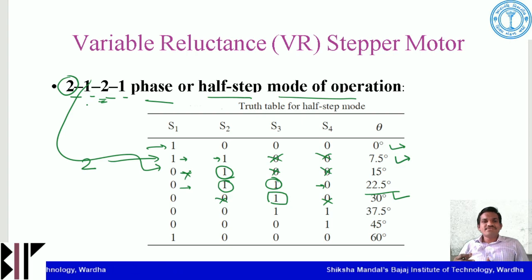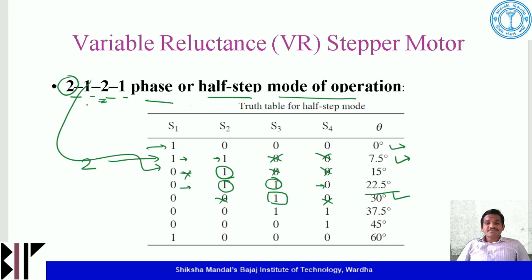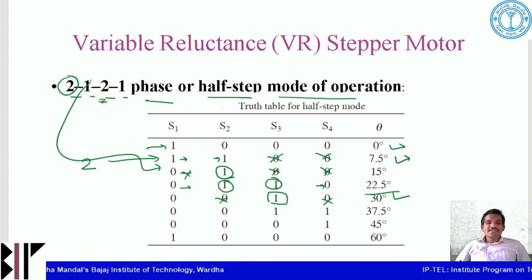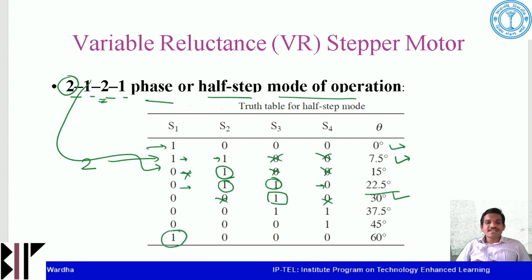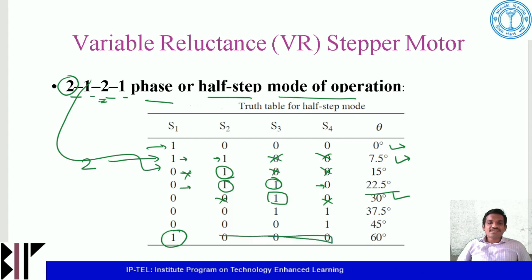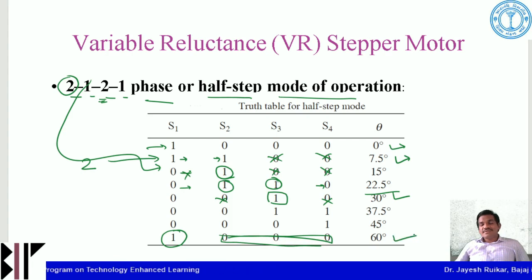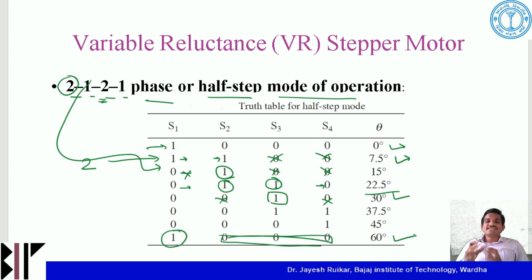This will continue as long as the programmer wants. In the last position, S1 is closed, or pressed, or in on condition, whereas the others are off. So this is the last step, and you will have a total angular displacement of 60 degrees.